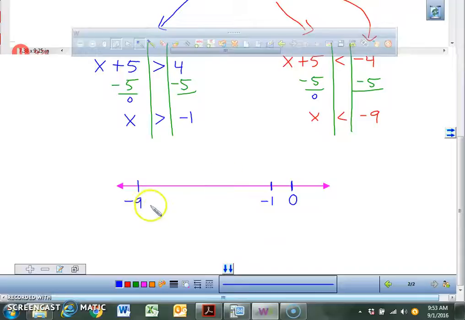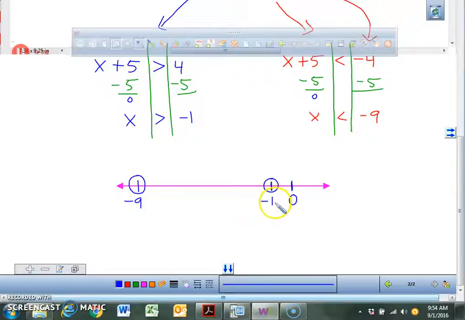Now, do you see any equal to signs? If you don't see an equal to sign, you're not allowed to put that filled in dot. You have to leave it as an open circle, because you're not including the -9 and you're not including the -1.